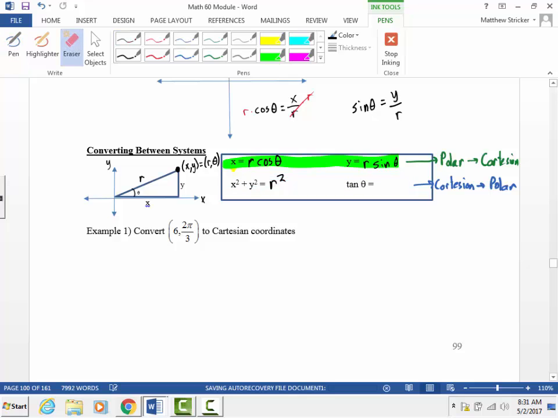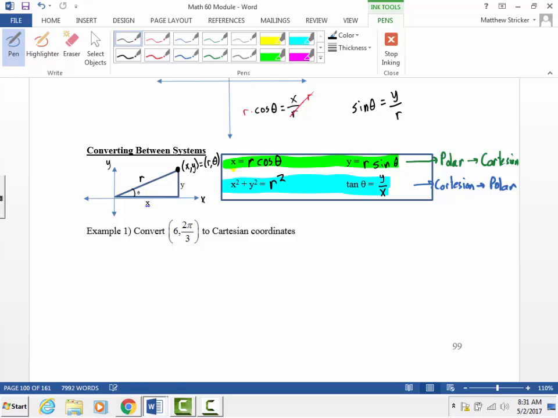How are we going to get tangent theta? It's another trig ratio: it's y over x. Do you have any questions? Okay, I think you guys could probably do example 1 there.